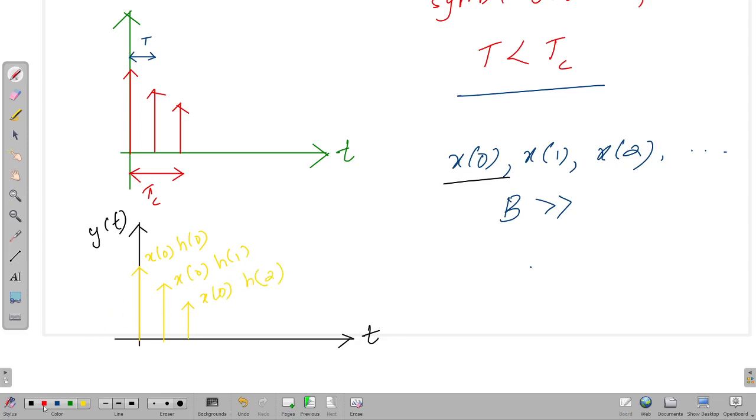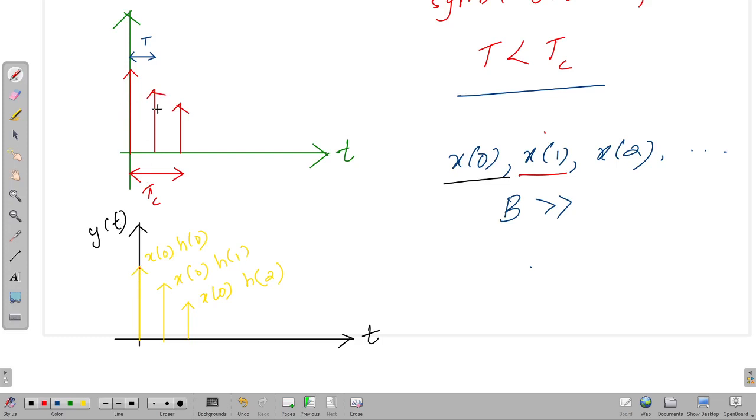Now transmitting the second symbol, that is x of 1. Remember, the symbol duration is capital T, and capital T is only this much. You are transmitting these symbols continuously, which means you transmit the symbol x0 here, and the symbol duration is only t, which is same as the sampling period here.